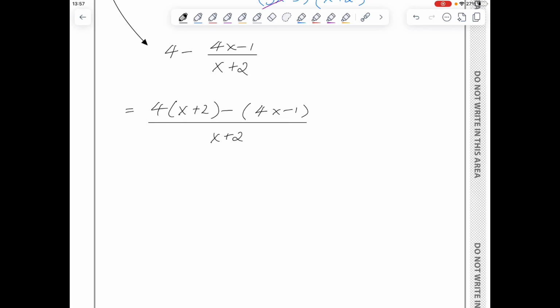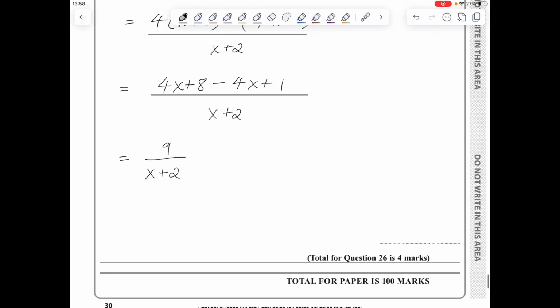Note the use of bracket here because I have a minus outside the fraction. I need to put that bracket. Let's expand the brackets on the numerator. 4x plus 8 minus 4x plus 1 over (x plus 2). And if I simplify, I will get 9 over (x plus 2). And this is my final answer.